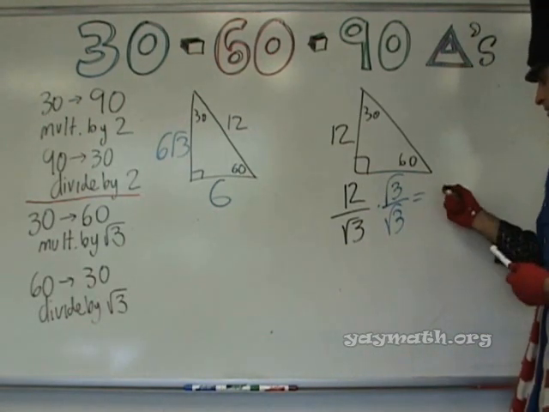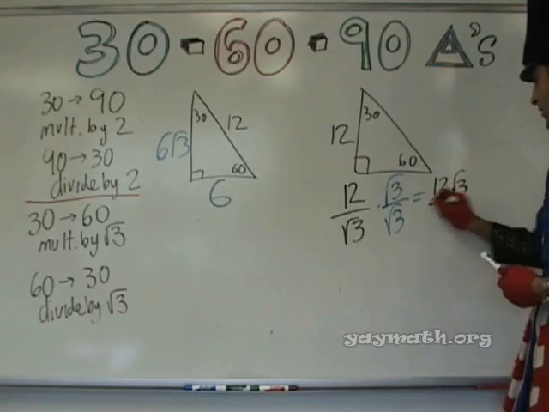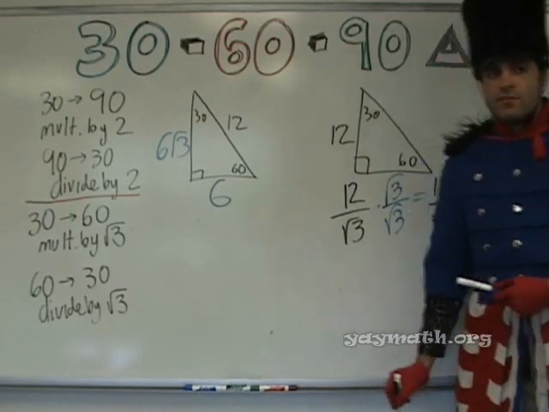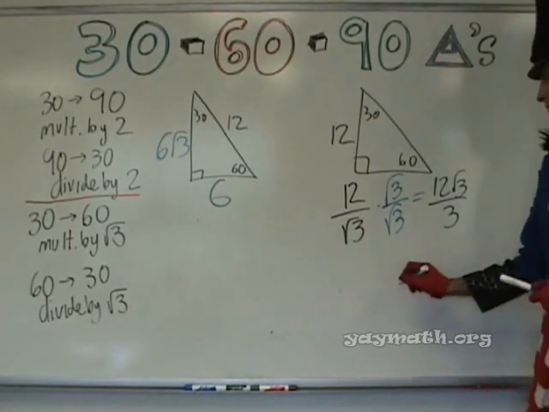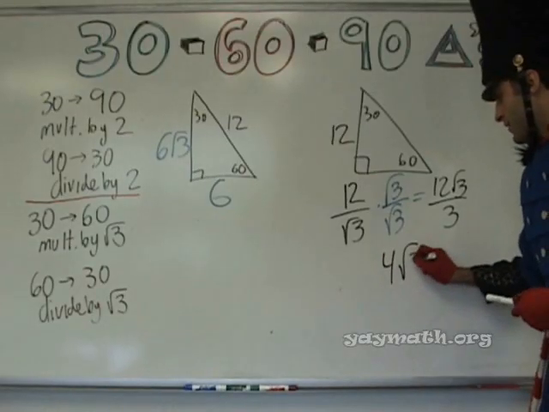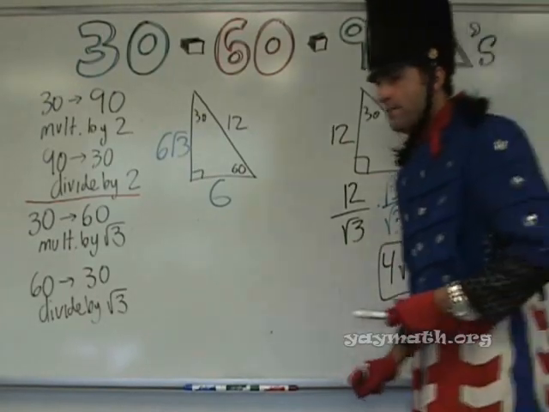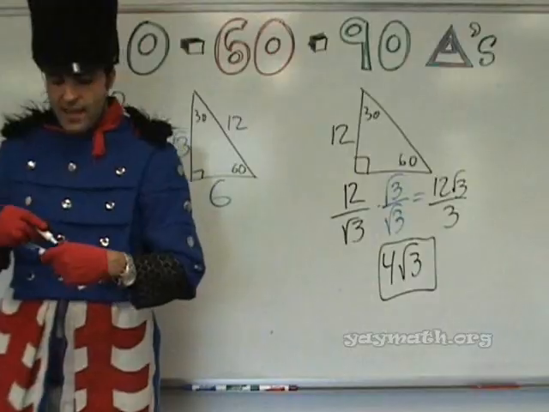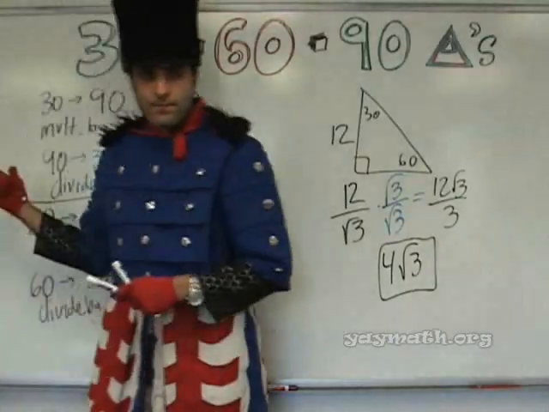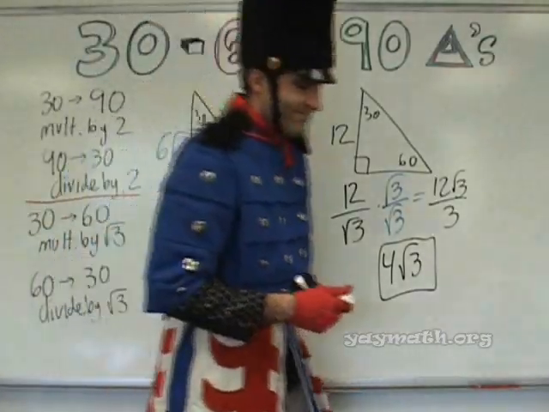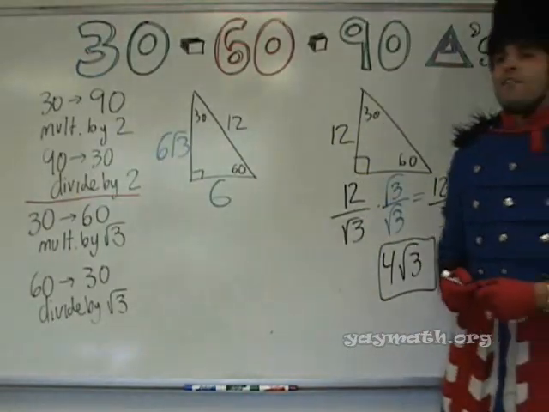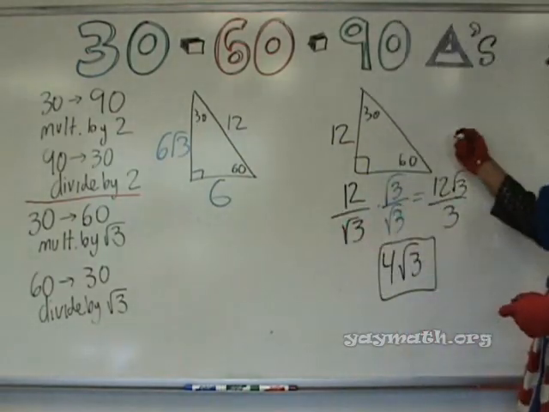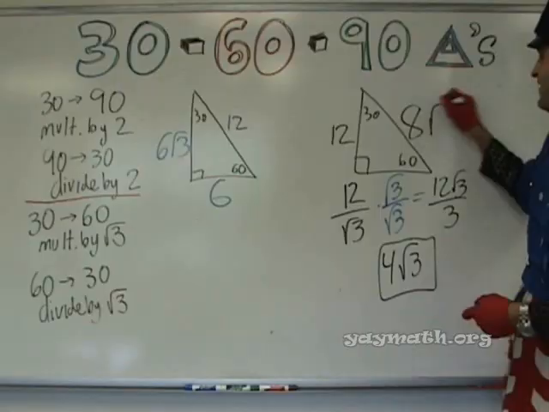So this becomes 12 root 3 over 3, which is really 4 root 3. So 4 root 3 is the 30 side. So what's the 90 side? 8 square root of 3.